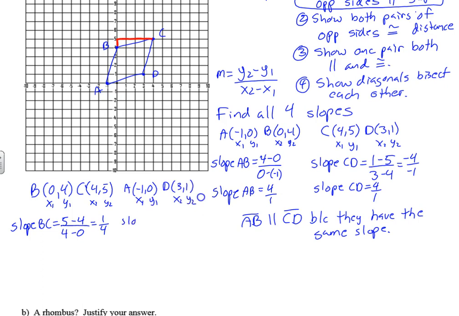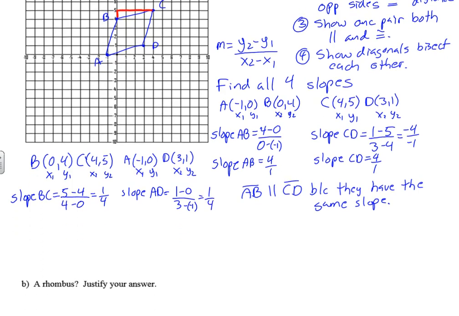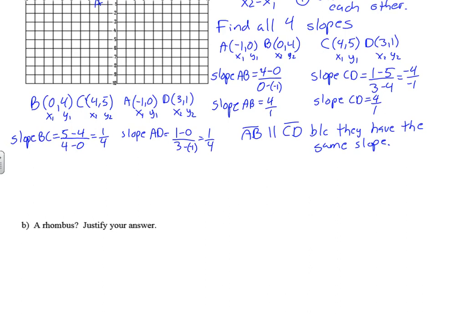So the slope of AD is going to be 1 minus 0 over 3 minus negative 1, which is going to reduce to be 1/4. So the slope of AD is also 1/4. So we can make the conclusion that BC is parallel to AD because they have the same slope.